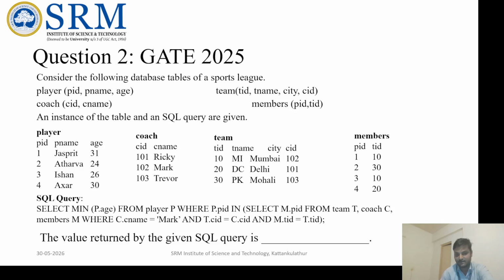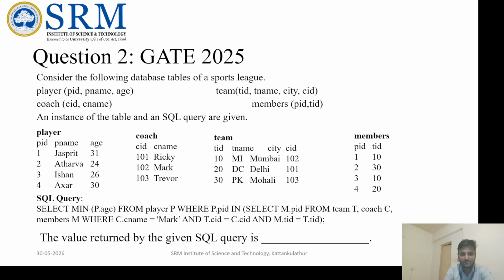To quickly understand this query, first we have to understand that there is only one condition given, that is C.name equals 'Mark'. The coach name will be Mark here, and these two equalities, T.CID equals C.CID and M.TID equals T.TID, are just for joining, so you know these things.